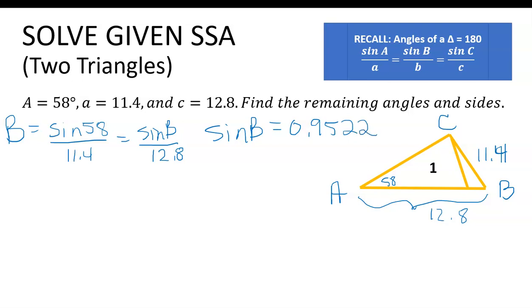This is the one where you have to put it in your calculator using the inverse button, sine inverse, so that you can actually get that B, and you will get that the measure of angle B is 72.21 degrees.